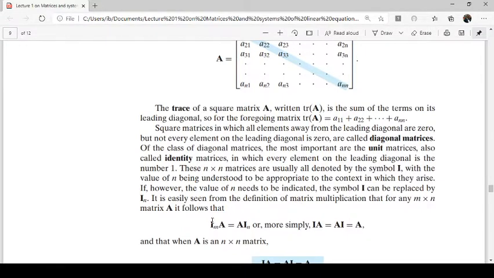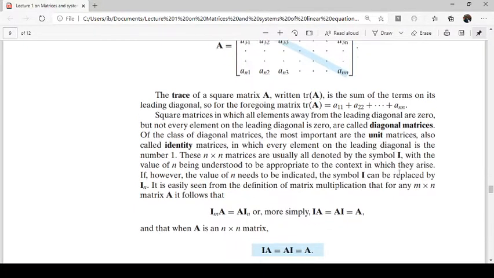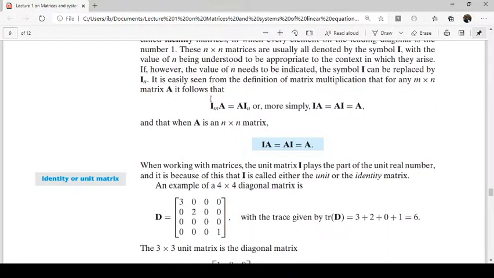We always denote it by I. There is a theorem in matrices that if you have an m by n matrix A, the identity of order m multiplied by A is equal to A multiplied by the identity of order n.